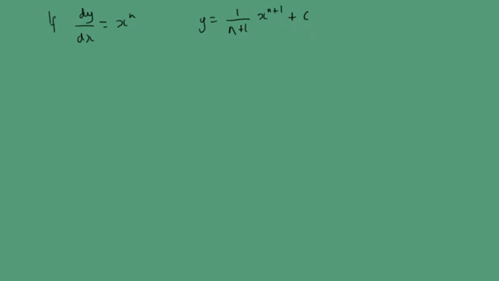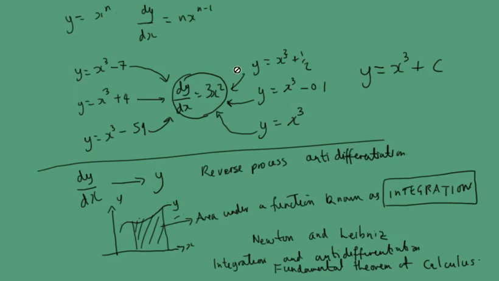Now if you remember how we had this previously, where the derivative of these functions was all 3x squared, we came to the conclusion that any function of this type would have the derivative 3x squared.